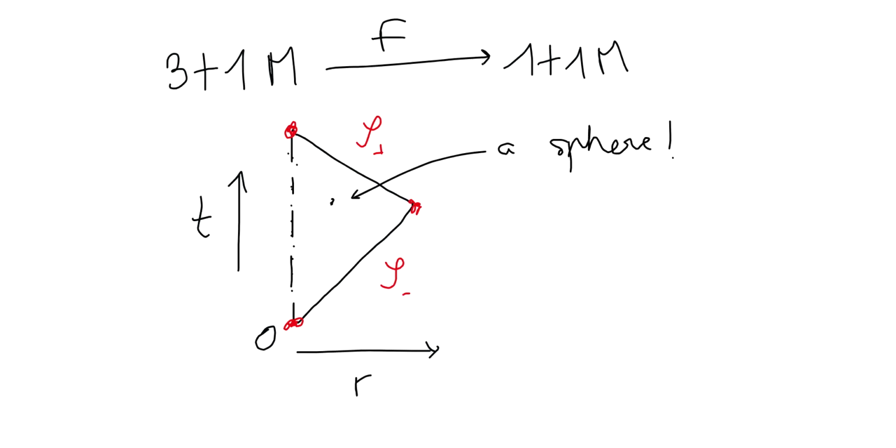And so we can just read off the same causal structure, namely that an eternal observer will come from the past timelike infinity and go all the way to the future timelike infinity. That at point P here, for example, this will be its light cone.